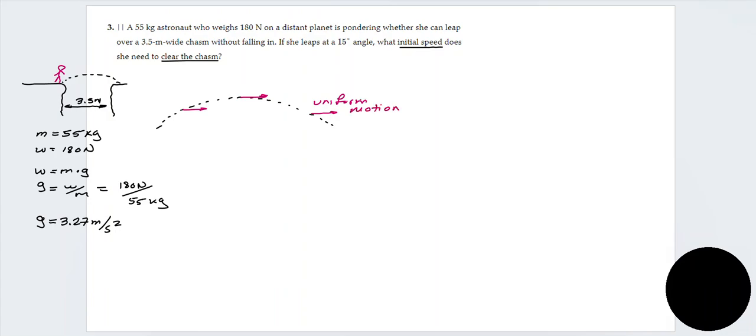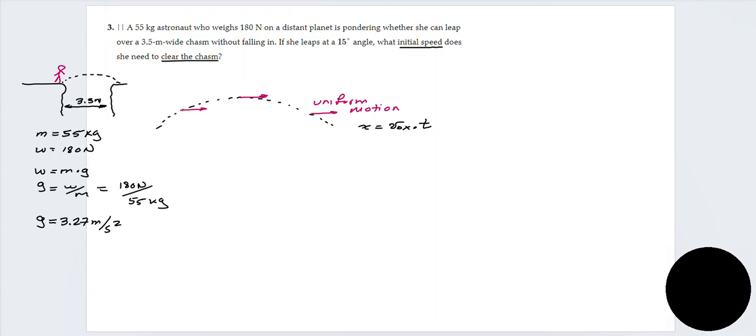So it's motion with no acceleration, and the equation that describes this, the displacement in the horizontal direction, that is basically, what are we working with? It's going to be v sub 0 x times the time.